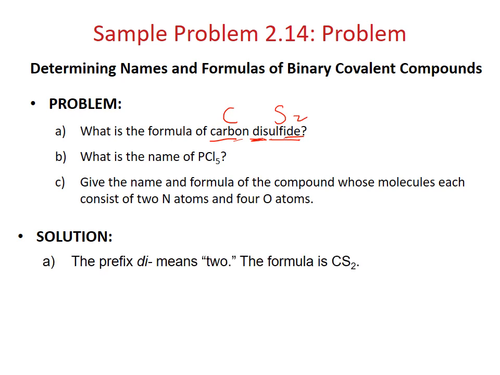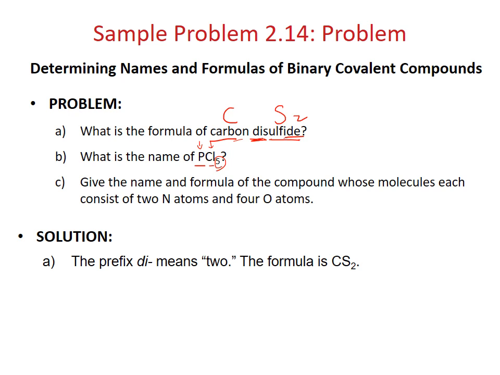Next one, what is the name of PCl5? P is phosphorus, Cl is chlorine. To name it, we put the lower group number first. Phosphorus is group 5 and chlorine is group 7. So the name should start with phosphorus. Now, do we need prefix 5? It depends on whether this compound is ionic or covalent.